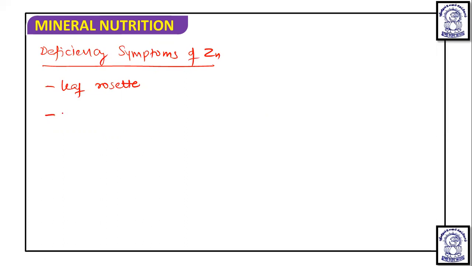The bud will be white, and stunted growth will occur. So such things occur in the deficiency symptoms of zinc.